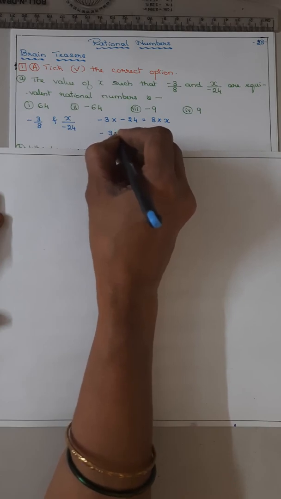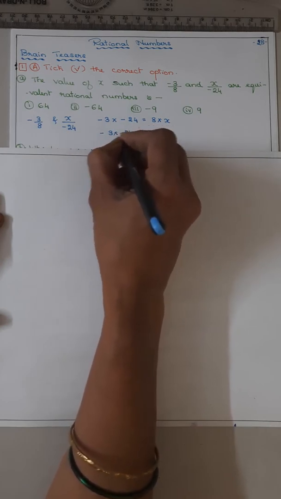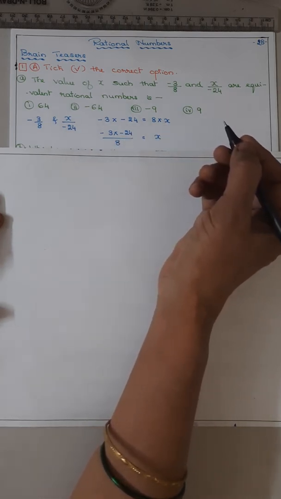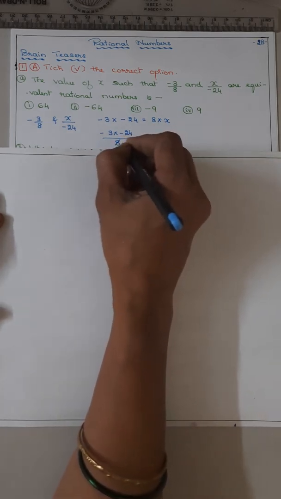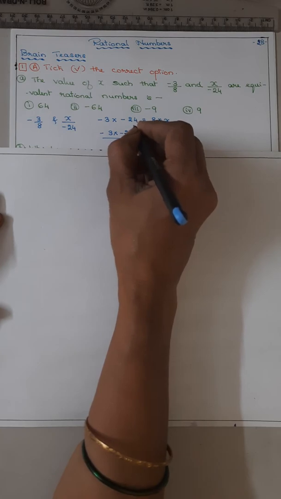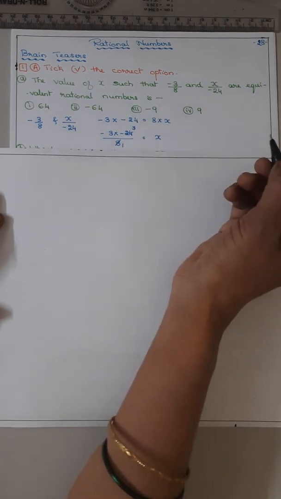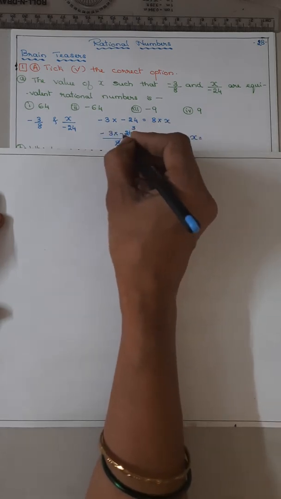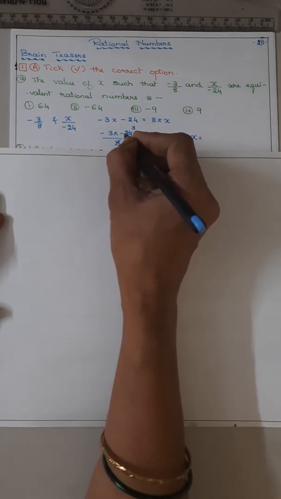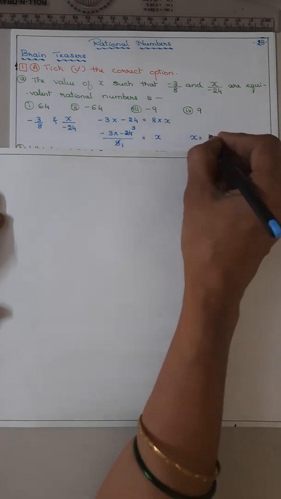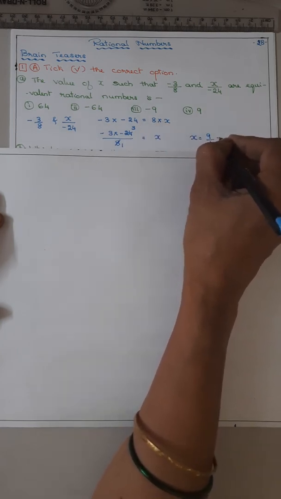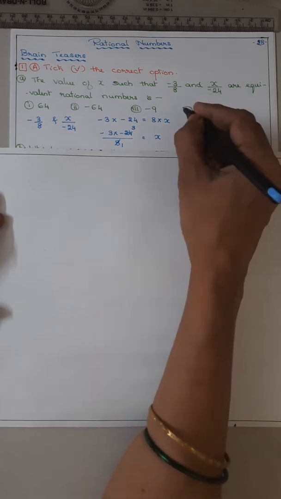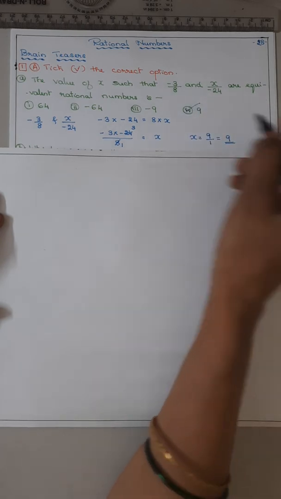Minus 3 into minus 24, and this 8 will come to the denominator. 8 ones are 8, 3 eights are 24. So x is equal to, minus minus becomes plus, 3 3s are 9 by 1, that is 9. So which is the option? The fourth option, plus 9.